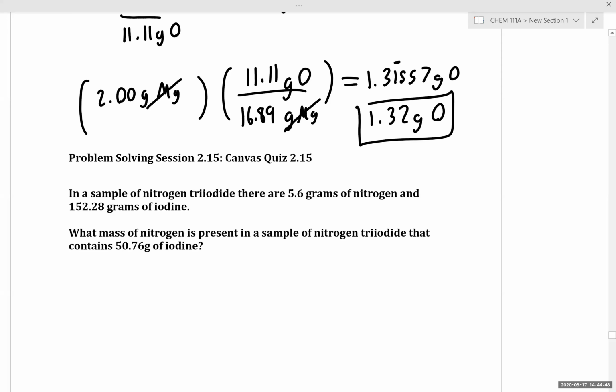The answer that I got is different from the one in Canvas. Let me check really quickly what it's saying in Canvas. Yeah, I got 1.9 and Canvas is 1.7. Let me adjust the range for that. One moment.